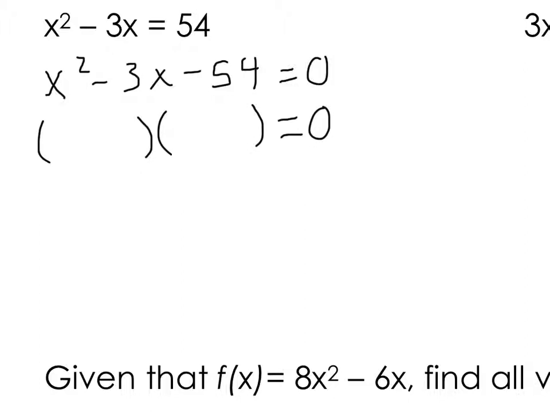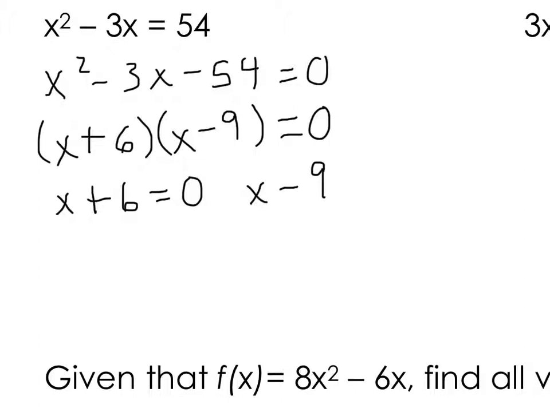What do you put in first? What are the signs? How are we going to factor 54 so that we end up with minus 3x? So that we've factored. Now we set each individual factor equal to 0 and solve.